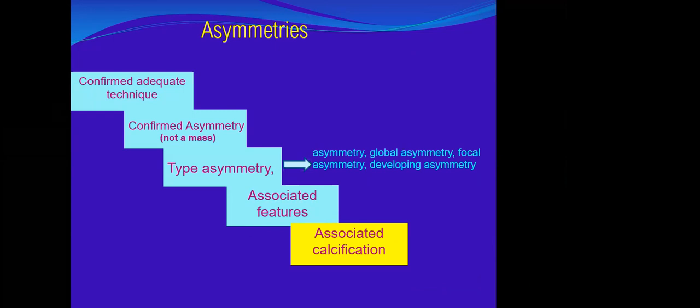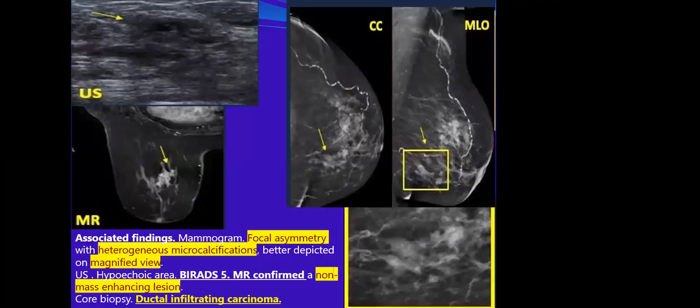Let us see the associated calcifications, also part of the associated features. In this example, there is an area of focal asymmetry in the inner lower left breast. Subtle distortion is there, but we could not appreciate the calcification. But in the spot compression magnification, there is heterogeneous microcalcification.